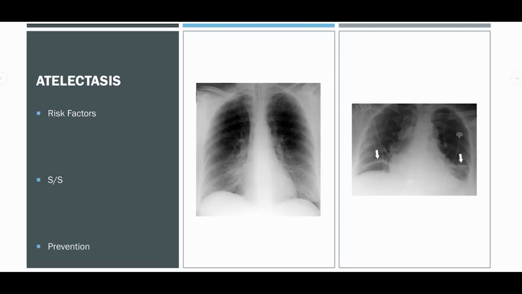You can see that especially the left lower lobe is very dense and smaller in this patient. And there are some densities, opacities, whatever you want to call it, on the right lower lobe and right mid lobe as well. Risk factors for atelectasis are foreign bodies and general altered breathing patterns.